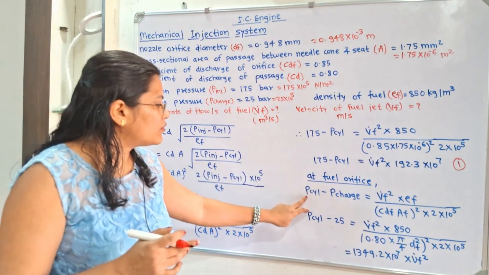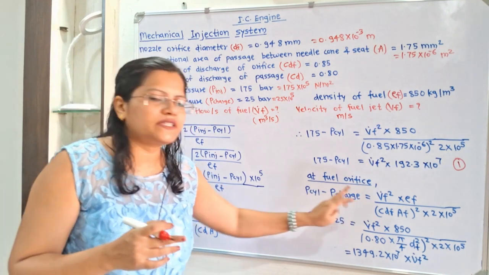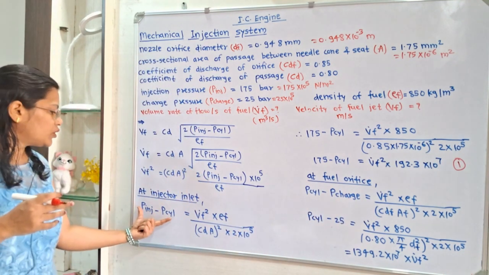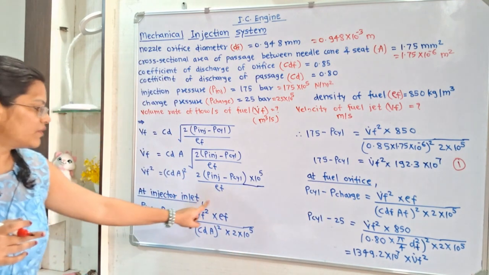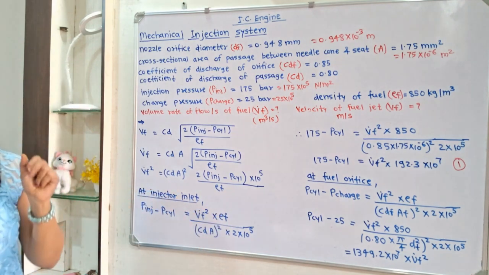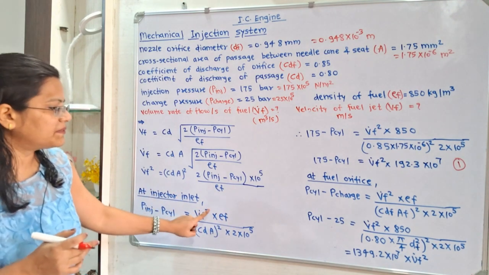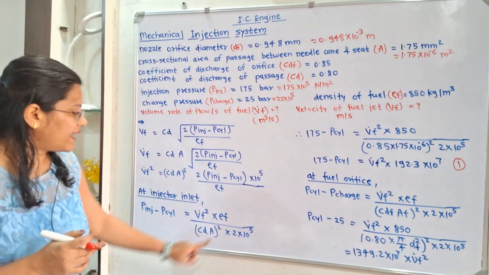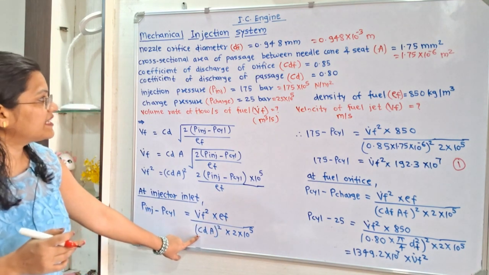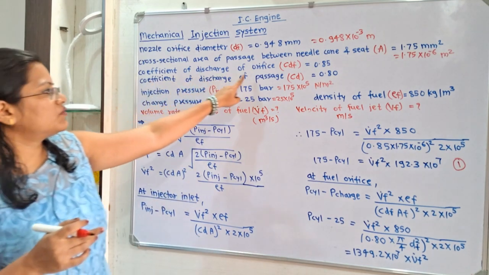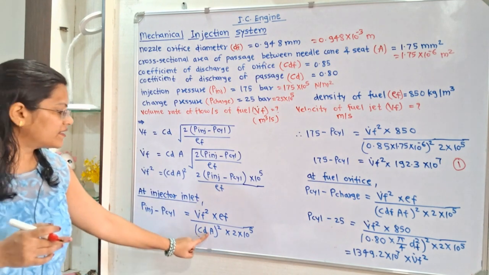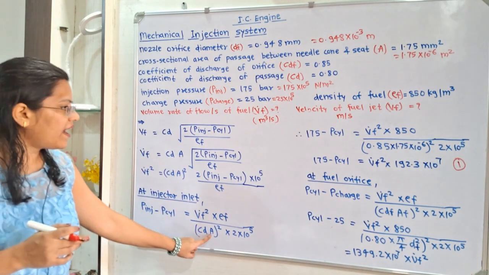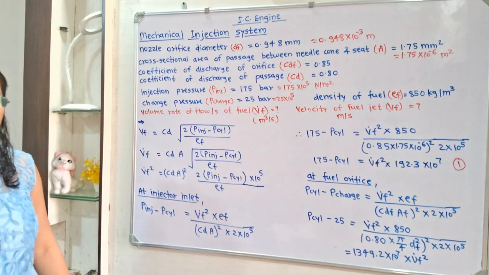So on the left hand side it will become P cylinder minus P charge is equal to. On the right hand side, which are the changes? V dot F square as it is, rho F as it is. Now instead of CD, because the coefficient of discharge at the orifice is CDF, we have to write CDF, and the area at the fuel orifice is known as AF.